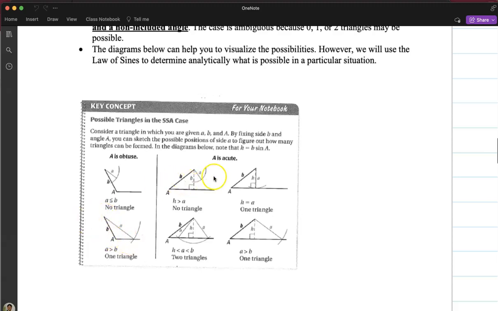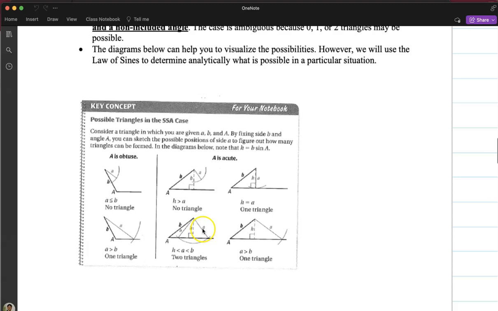Now, when A is acute, you have to consider the vertical height h of the triangle. When the height h is greater than a, the arc won't cut. When h is equal to a, there is one triangle.